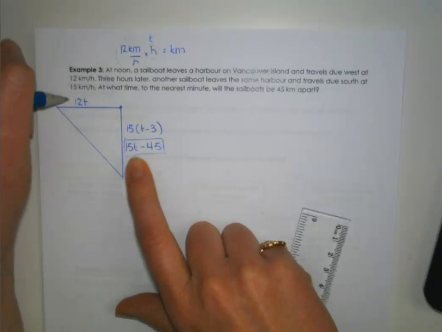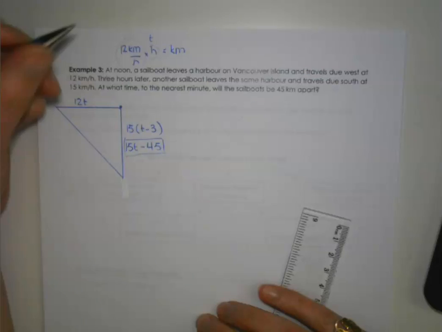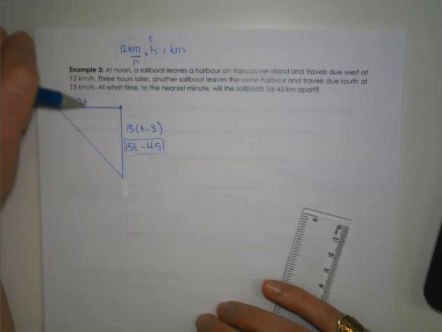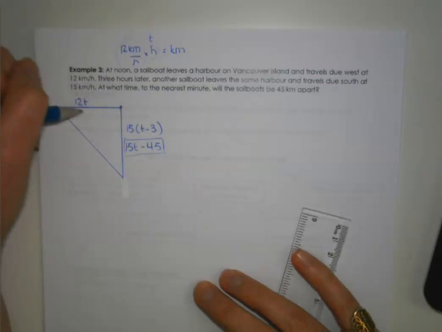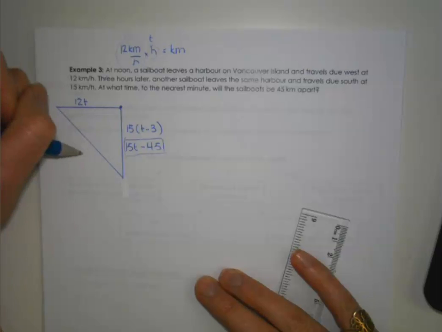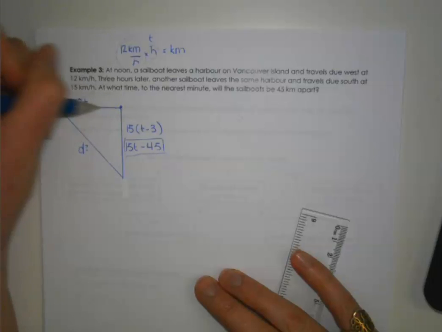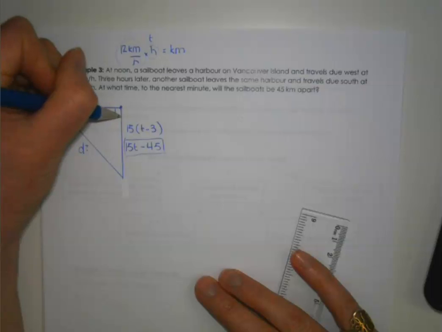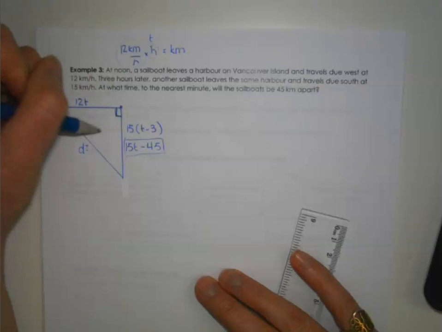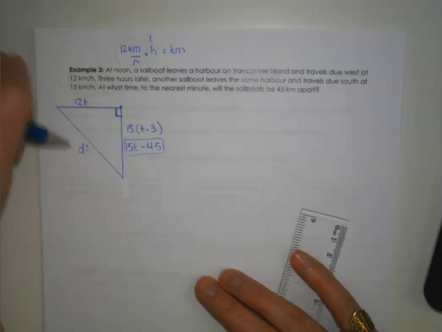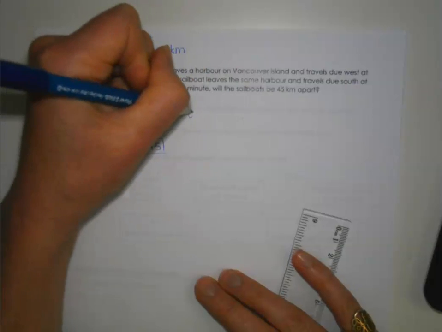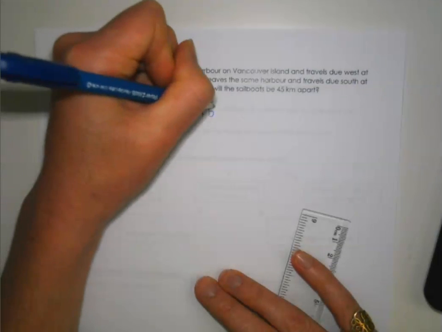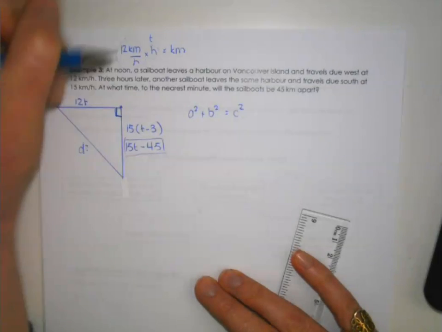Now that we have our expression set up for the variables, all we need to do is figure out how to solve for the distance between them. If you look at what's happening here, we have a triangle, and because one headed straight west and the other straight south, we know this is a 90-degree angle. If you have a right triangle, how do you solve for the diagonal side? We would use Pythagoras: a squared plus b squared equals c squared.